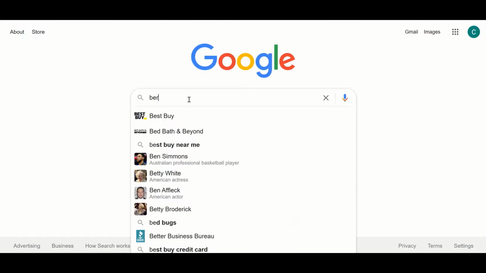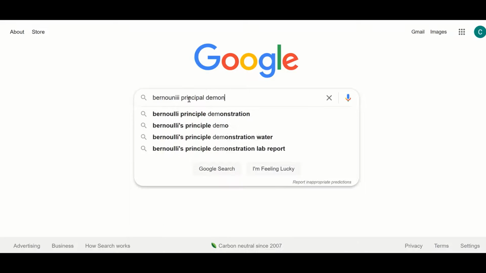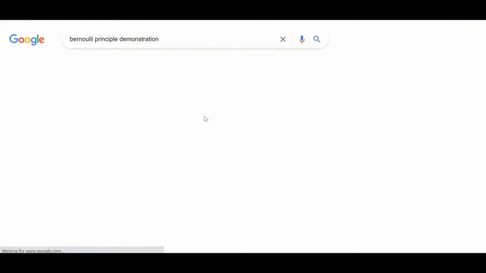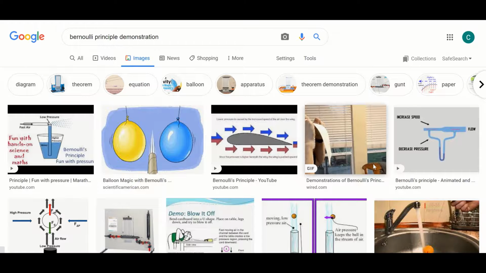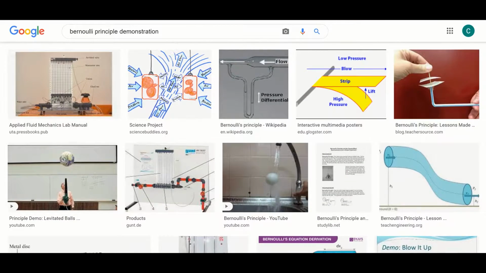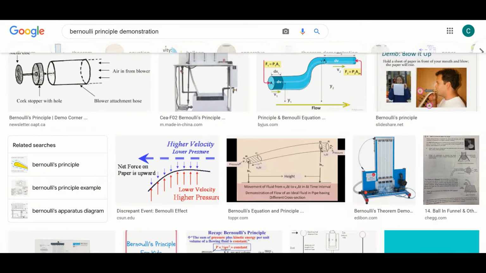So the Bernoulli Principle is that whenever a fluid moves over a surface, the faster it moves, the lower the pressure that it exerts.